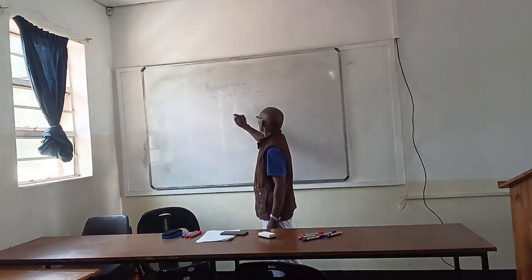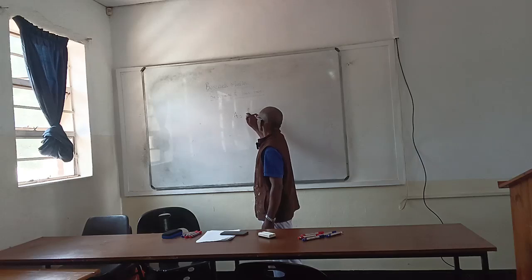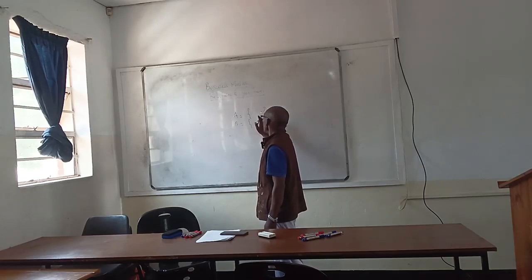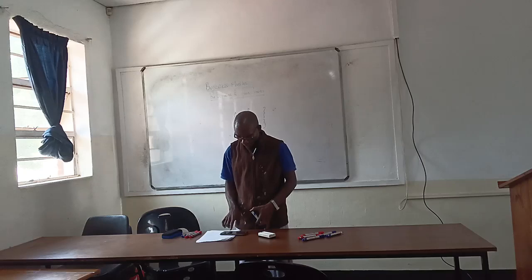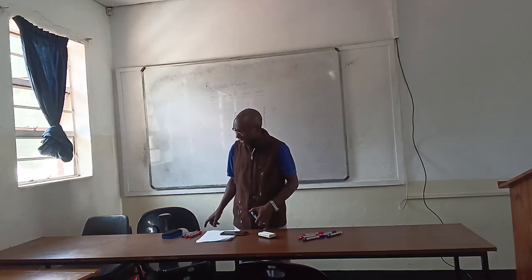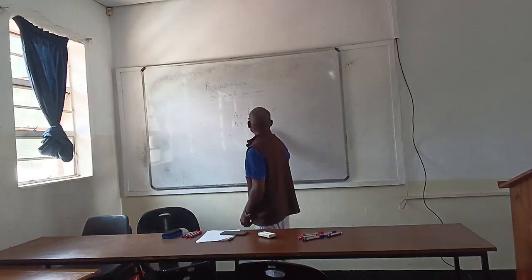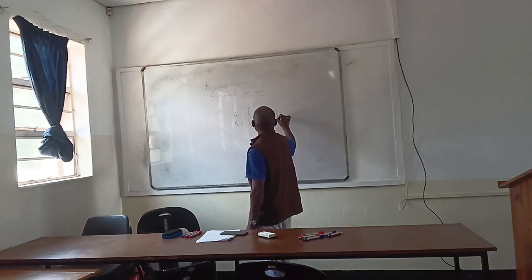In other words, you can have set A with its elements here, and set B with its elements here. If we compare these two sets, if we relate set A and set B, then what we are doing when we are relating, when we are comparing, is called relation.